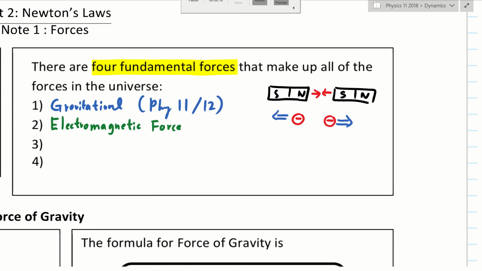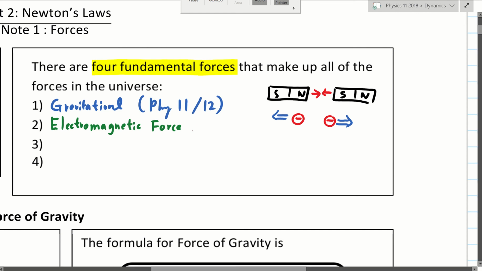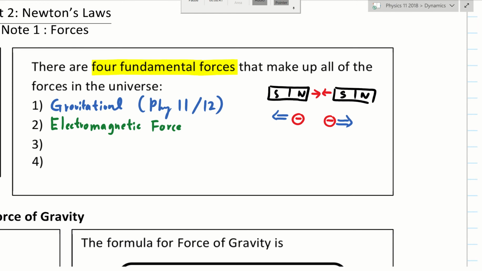So chemistry is basically just a special case, not a special case, a focus area from the electrostatic force portion of physics. Now, of course, in physics, we also study electrostatic force, but we don't look into the chemistry portion of it. We look even smaller. Like in chemistry, they look at how atoms are formed, like how atoms come together and form different molecules, right? How elements come together and form molecules.